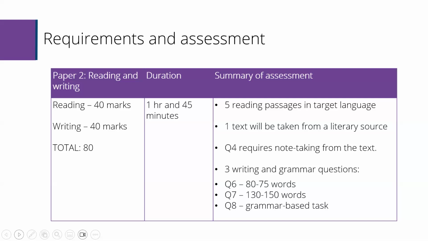I don't know why we've got 80 to 75, but anyway, it's within that range, 75 to 80. And question 8 is a grammar-based task, which requires students to fill in the correct form of a noun, of an adjective, apologies, or verb within the passage that they read. So we'll have a look at that when we get there.